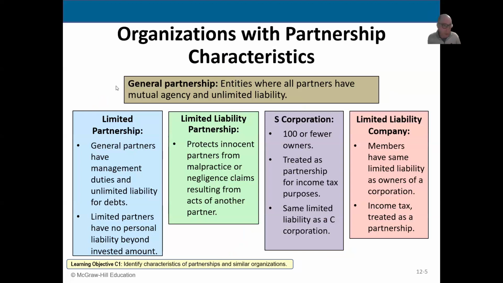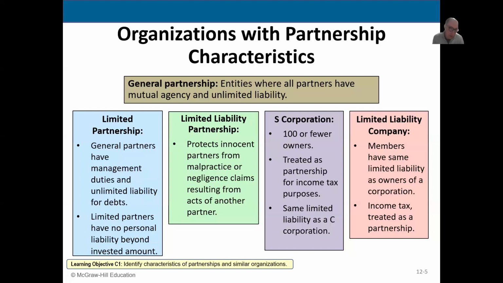So there's a couple of different types of partnerships that Leland and Darius can choose from here. There's a general partnership, limited partnership, limited liability partnership, an S corporation, and a limited liability company. I'm sure a lot of you have already heard these terms before from your Introduction to Business course.